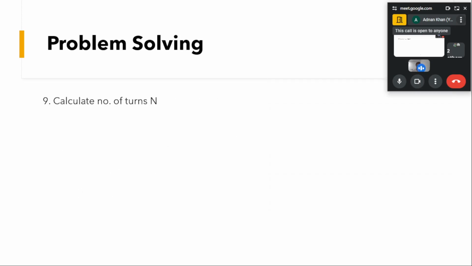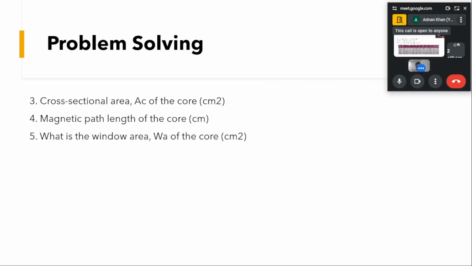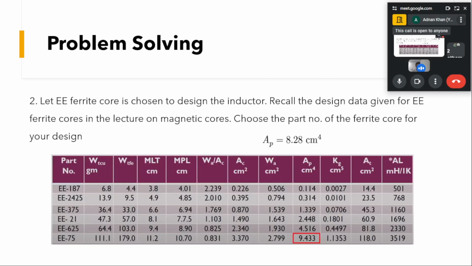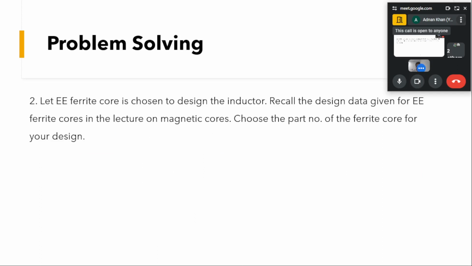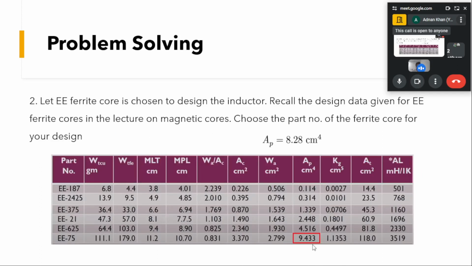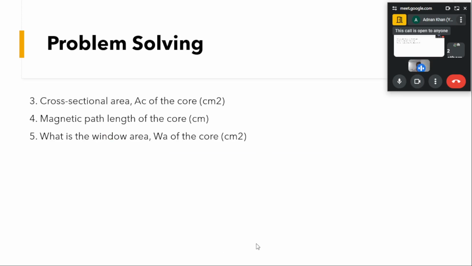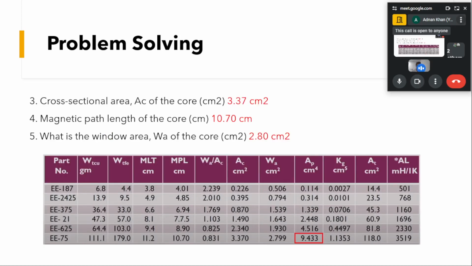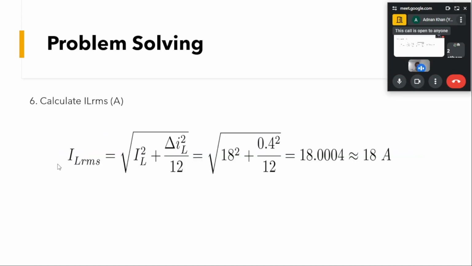We shall first calculate the area product. From the area product, we can choose a particular core. For that particular core, we shall know different parameters, and for those parameters, we shall calculate the current that will be flowing through the inductor.